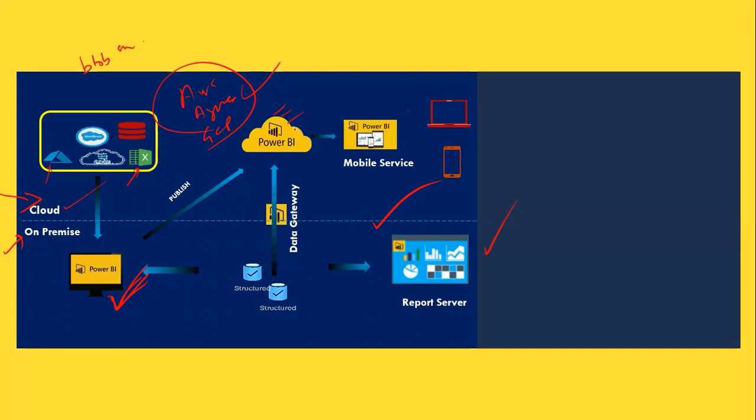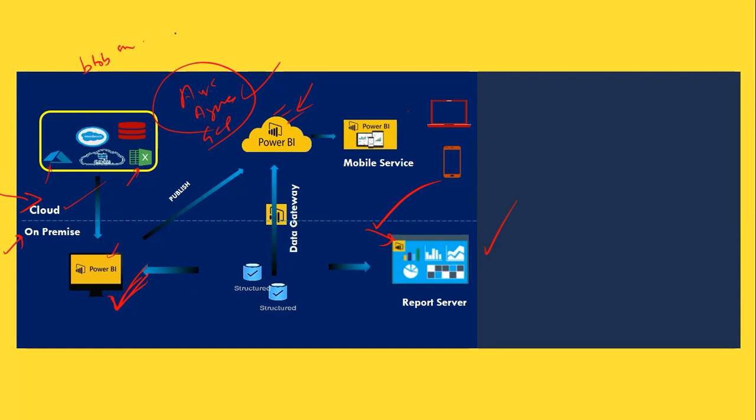You can create new reports, but data modeling is not possible. But you can create a dashboard using Power BI cloud service only. You cannot create a dashboard in your report server or in your Power BI Desktop.